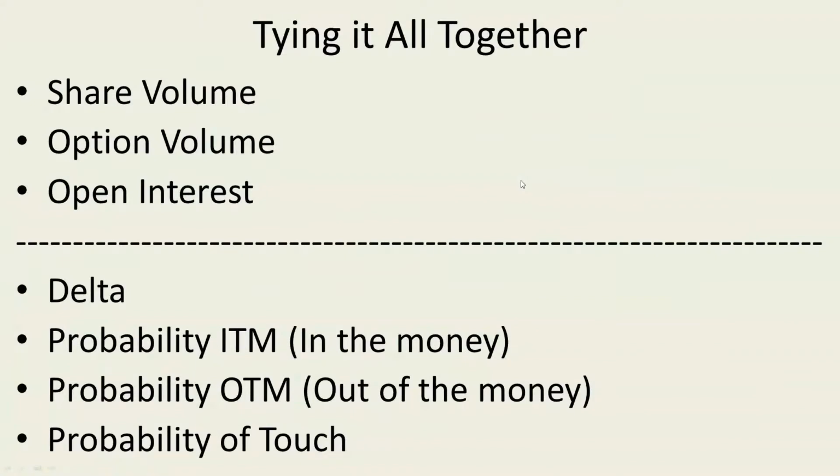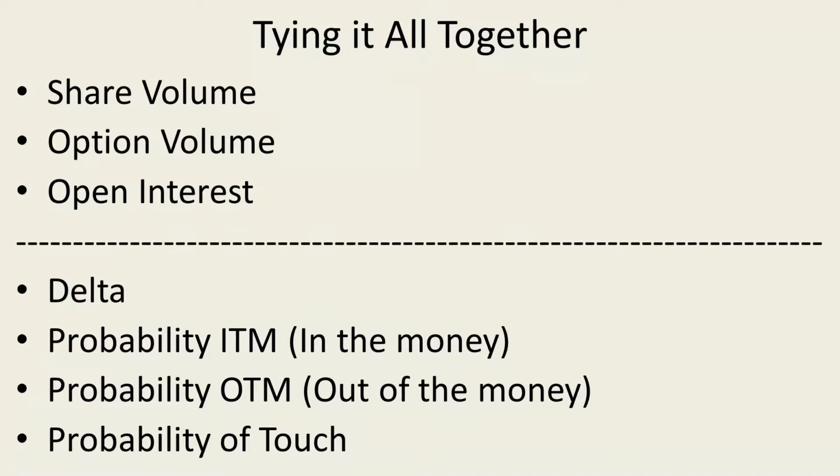So I want to tie it all together. I want to show you a little bit of stuff on the option chain, and these are just the important things that we look at. Obviously, share volume, option volume, open interest. I'm not going to belabor this stuff. Delta, I want to really make sure that you have a good sense of delta, because as you start trading and you get larger and larger portfolios, you're going to be more cognizant of delta and what your real deltas are, either if you're short deltas or long deltas or whatever.